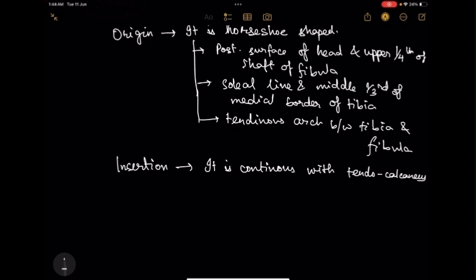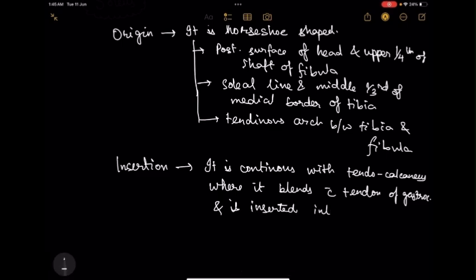Tendocalcaneus, also known as the Achilles tendon, the largest tendon of our body, where it blends with the tendon of gastrocnemius and is inserted into the middle 1/3 of posterior surface of calcaneus.